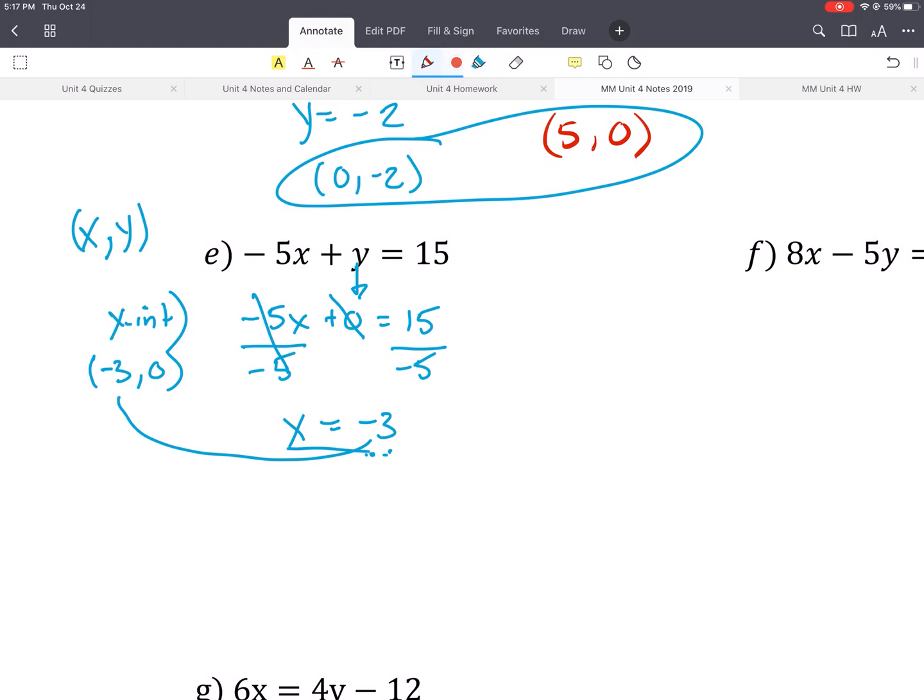Next we have the y-intercept. We set x equal to 0, so negative 5 times 0 plus y is equal to 15. Well, that's nothing, so all we'd really have is y equals 15. And for our point, the ordered pair would be 0, 15.